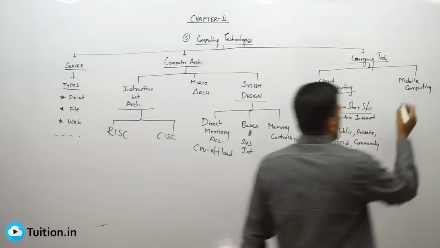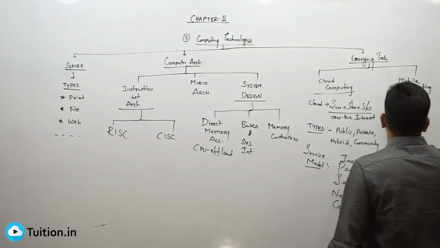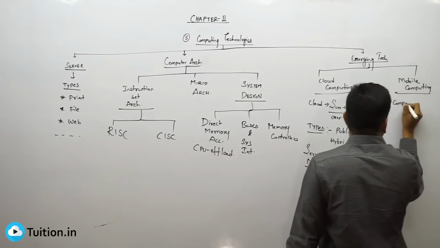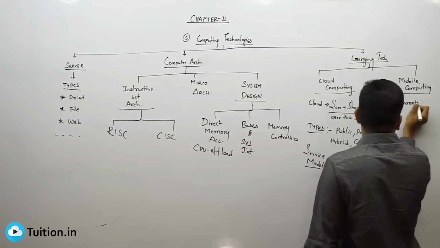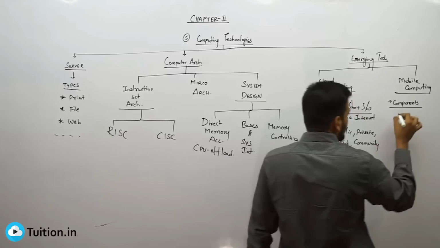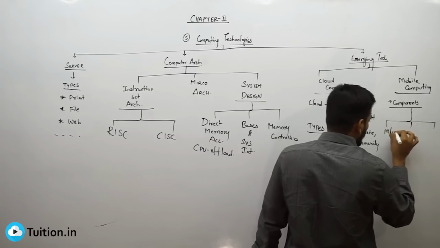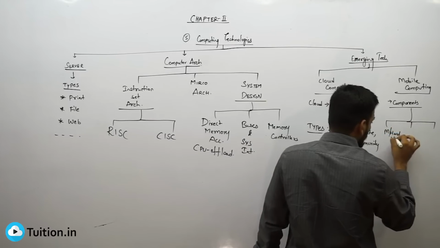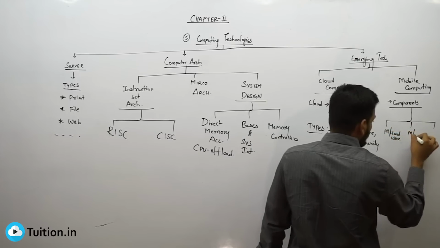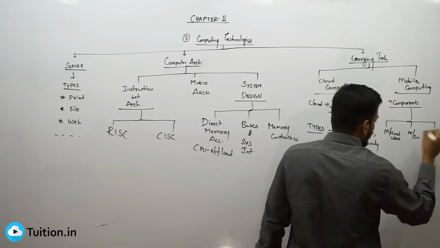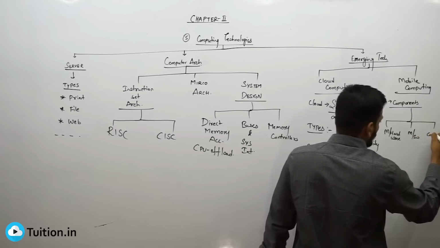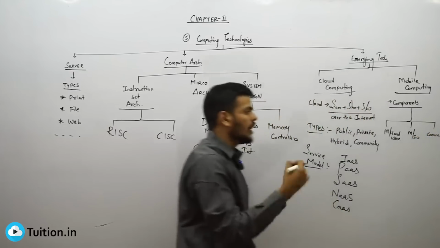Then coming to mobile computing, you have the concept of components. What are the components of mobile computing? We have 3 components broadly broken down into mobile hardware, mobile software, and communication. Right, how does it work? It works on wireless components.